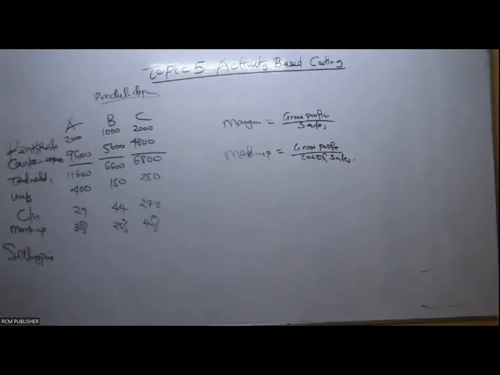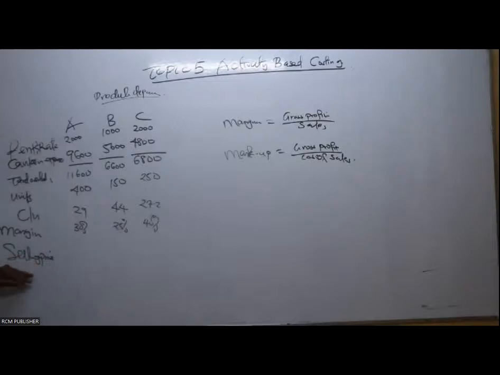Now, how do we get the amount we are going to sell these goods? Let's say this one is margin. Let me not complicate things. Margin is gross profit over sales. Then markup is gross profit over cost of sales.